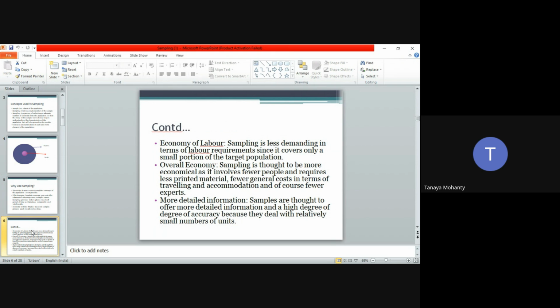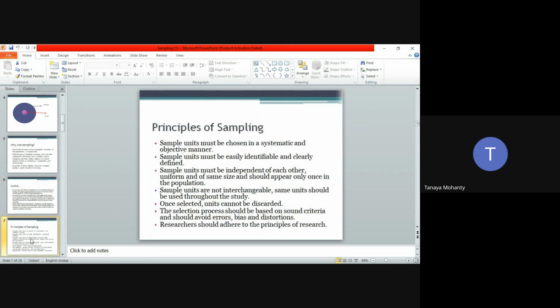So samples are thought to offer more detailed information, higher degree of accuracy, and since they are relatively smaller units to be covered, the efficiency level of the sampling technique is much higher than covering the entire universe.